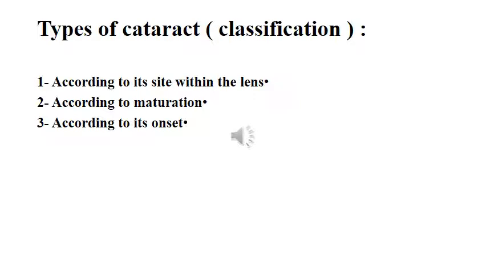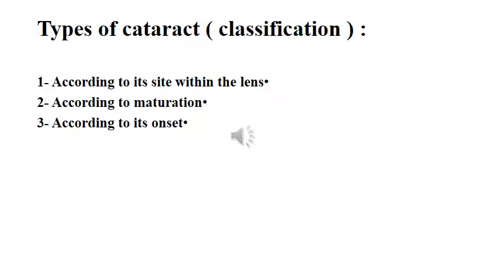Now we come to the classification of cataract. We can classify cataract according to its site within the lens, or to the degree of maturation, or to the onset. What we mean by the site within the lens is the position of cataract within the crystalline lens.